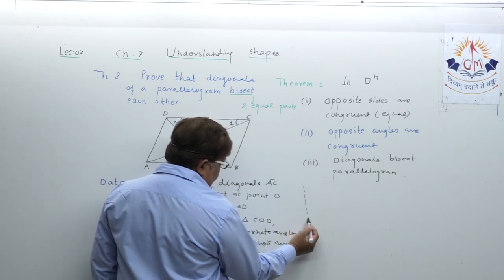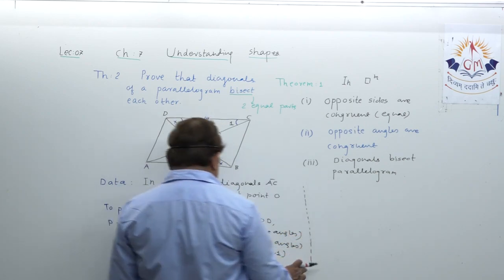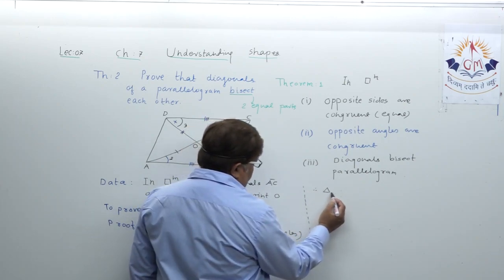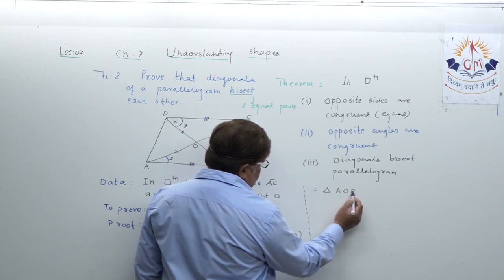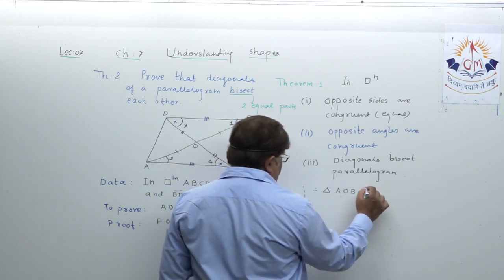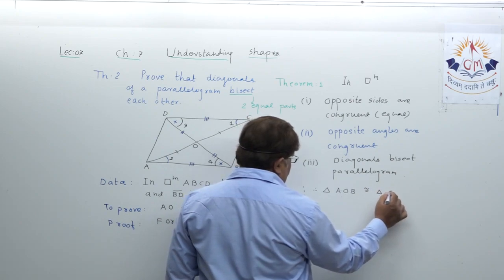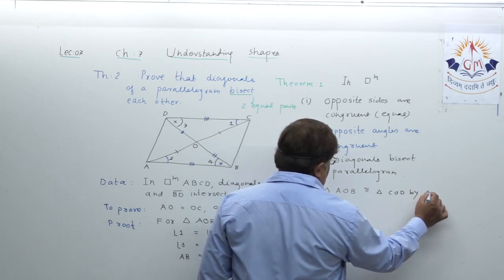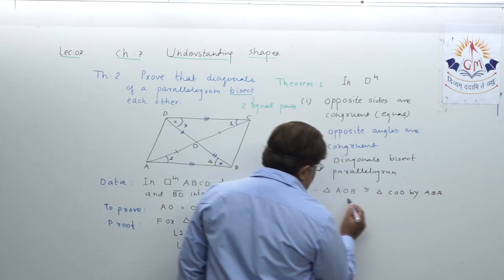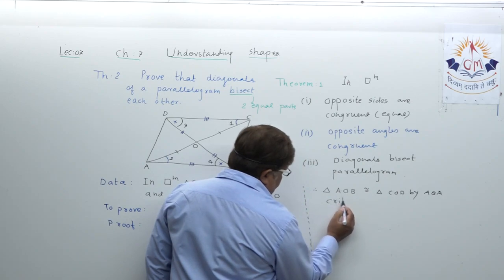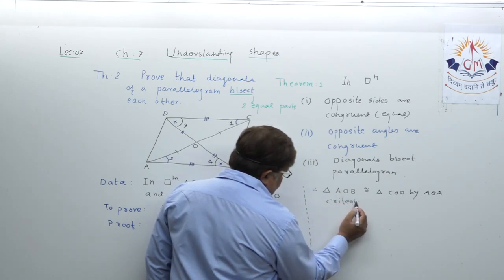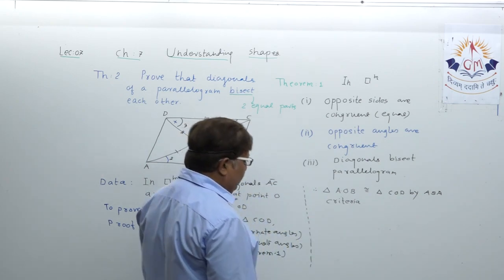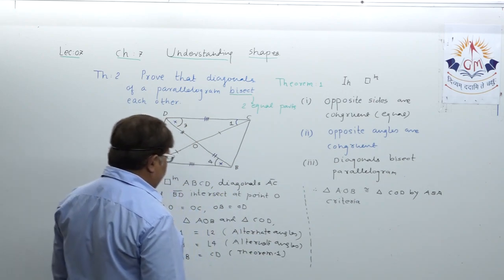Therefore, what will you write? Can you say now? Therefore, triangle AOB is congruent to triangle COD by ASA. As a criteria you can write postulate, theorem, whatever you want.